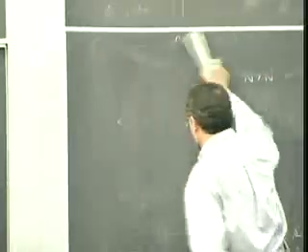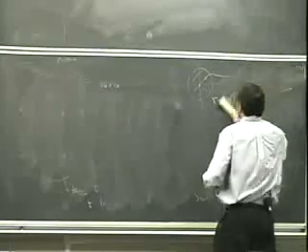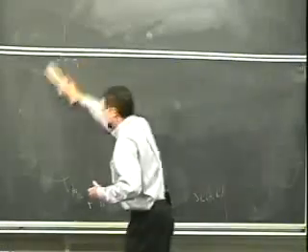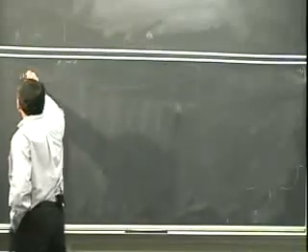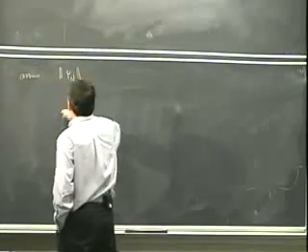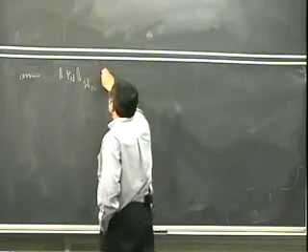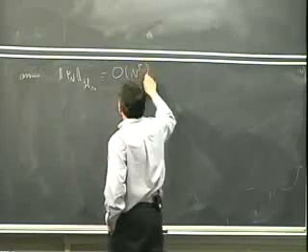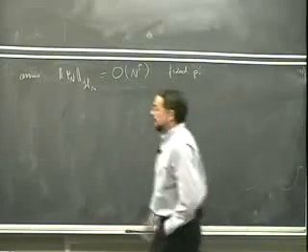And let's assume that it's a reasonable sequence, meaning, say, that the norms of the elements in the sequence are bounded, or they're polynomial in n. So let's assume that the norm of psi n, and of course by this I mean the norm in Hn, is polynomial for some fixed p. So it's a reasonable sequence.